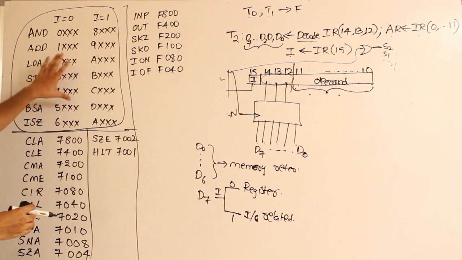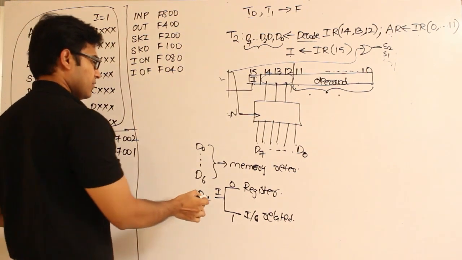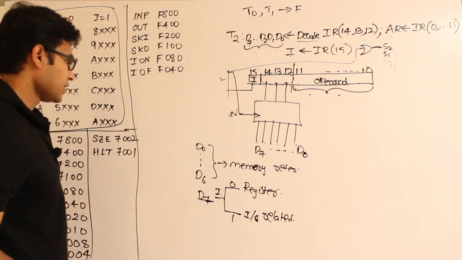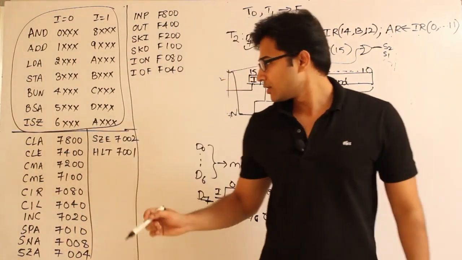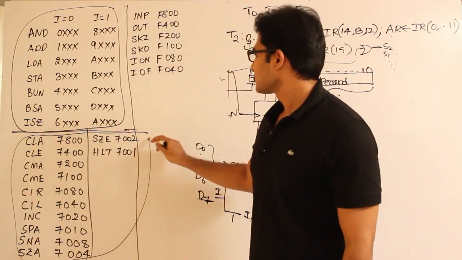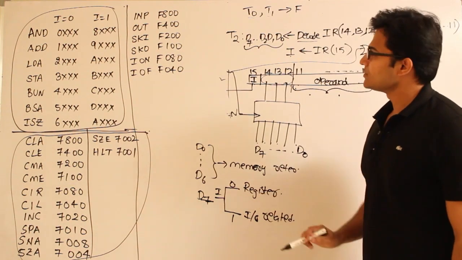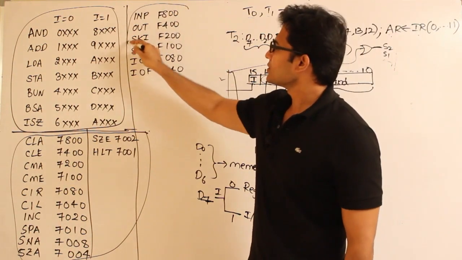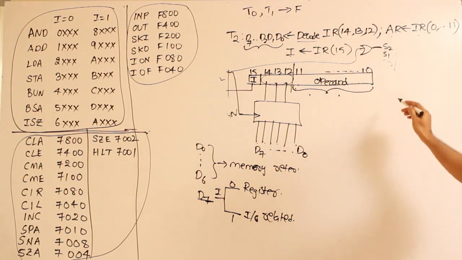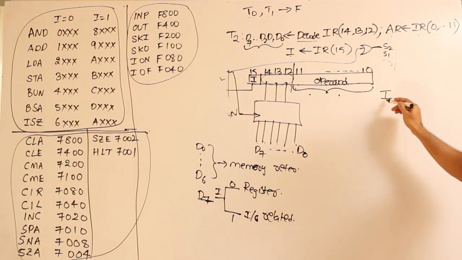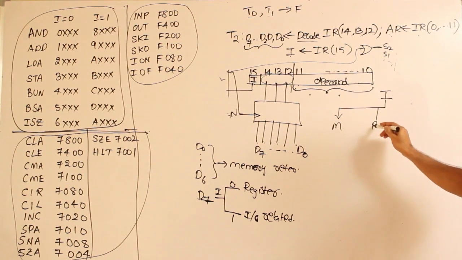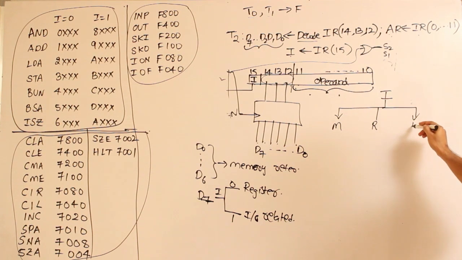In case it is D7 and I is 0, then it is register related instructions, which means the second part. In case I is 1, it is IO related instructions, which means the third part, right? Therefore, in our case, we have divided the instructions into 3 types: one is memory related, another is register related, and the other is IO related.